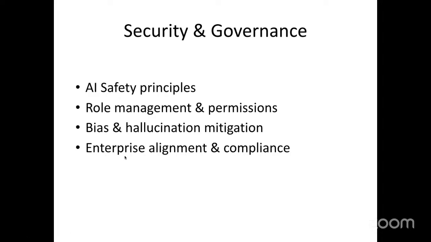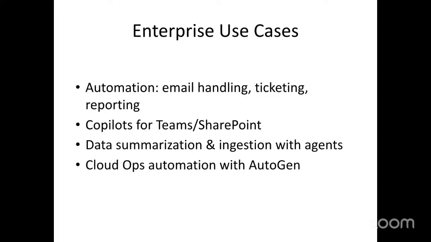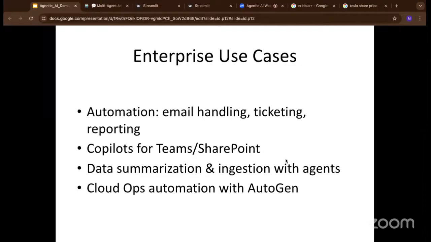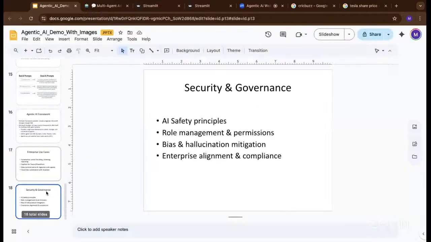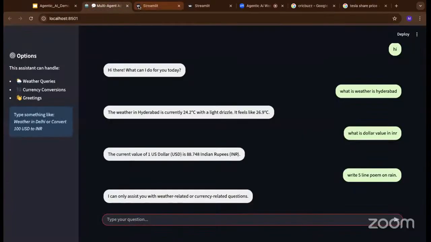We can also apply enterprise alignment and compliance on this AI or LLM. So all of this is what we can do with agentic AI, with different kinds of multi-agent and single agent models.